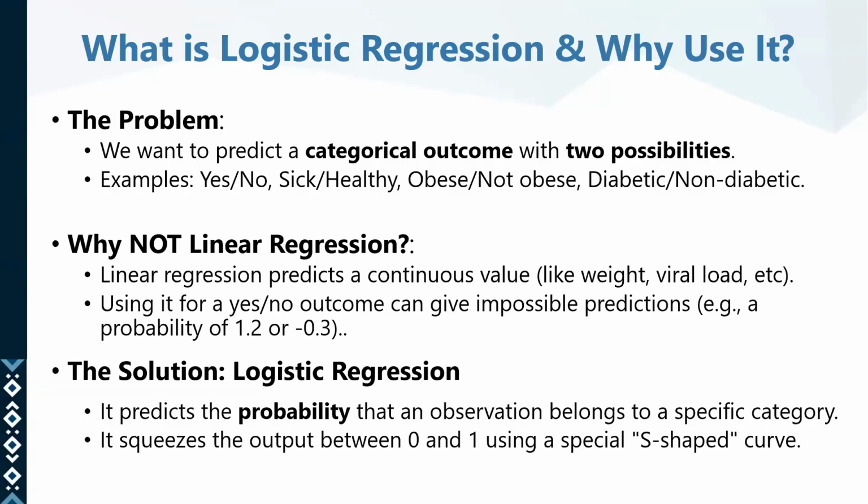So the solution is using a logistic regression, which predicts the probability of an observation belonging to a specific category. So essentially it squeezes the output between 0 and 1 using the special S or sigmoid-shaped curve of a logistic regression.